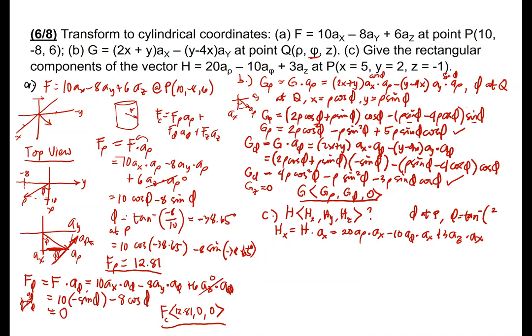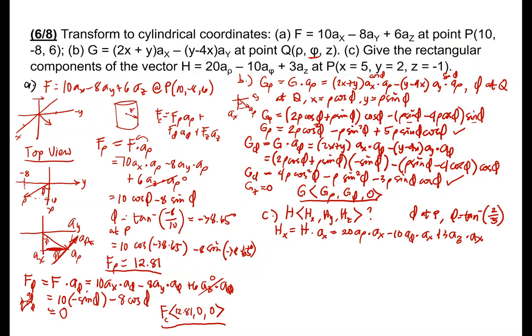Tangent inverse of the opposite 2 over 5, so y over x. So it's not the P that is negative 10.